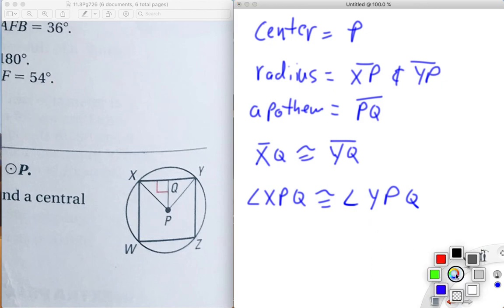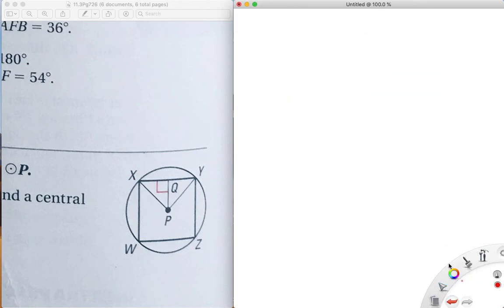Lastly, they ask about the measurement of the central angle. So we know that one revolution around this angle P is 360 degrees. We divide that revolution by the number of sides. In this case, for a square, it's 4.